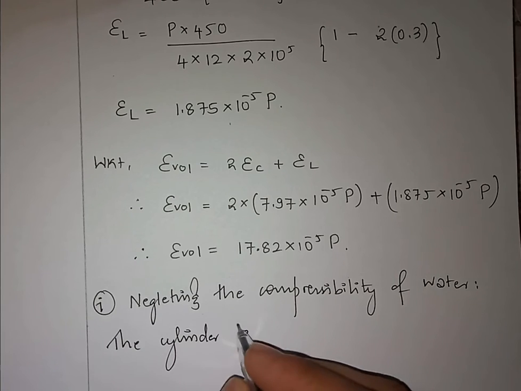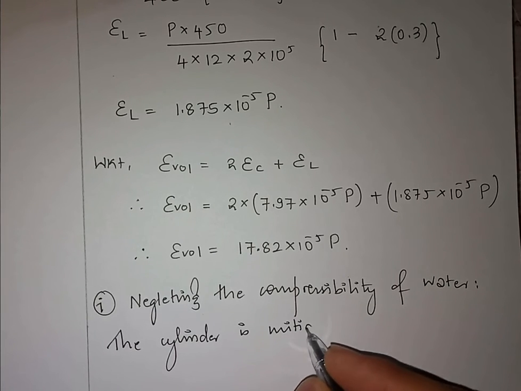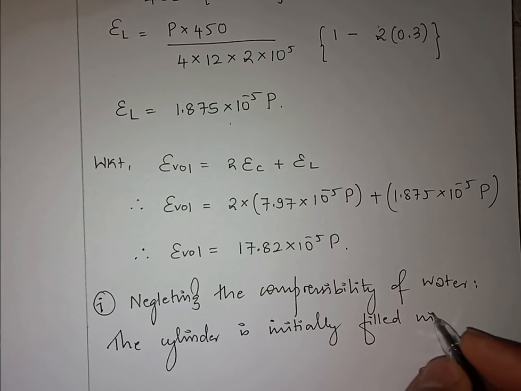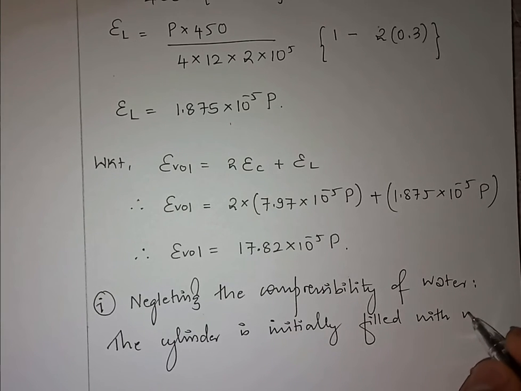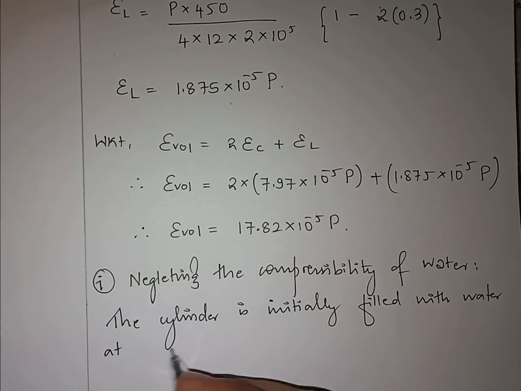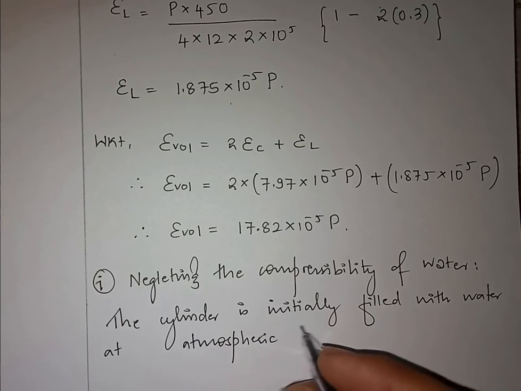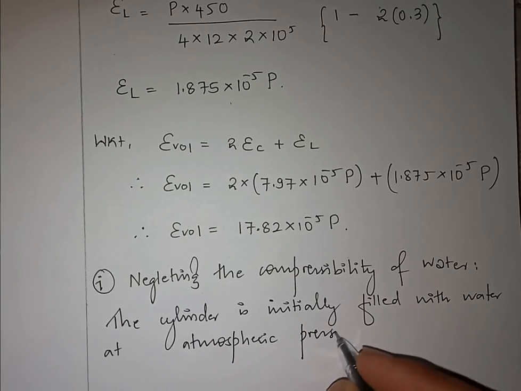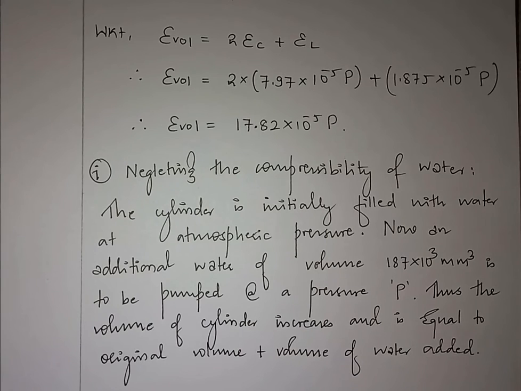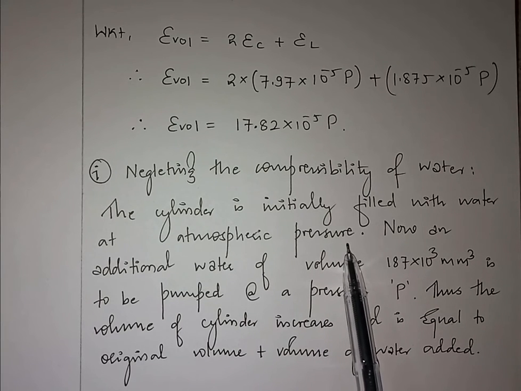The cylinder is initially filled with water at atmospheric pressure. Okay, so this is important. The cylinder is initially filled with water at atmospheric pressure. This is given to us in the problem.